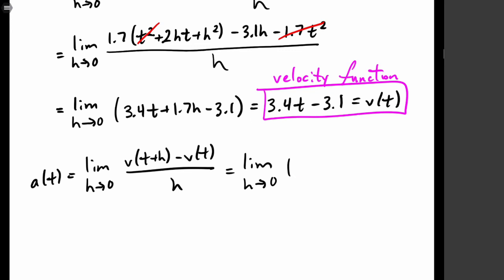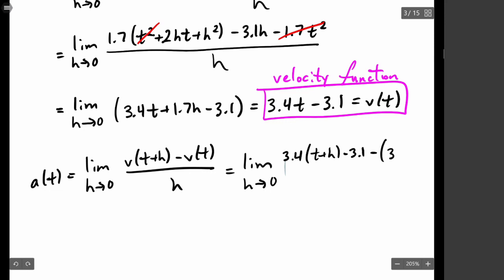Let's see, what are we going to get? Well, okay, let's do it. I can't do it in my head. So this will be 3.4 times t plus h minus 3.1, and then minus 3.4 t minus 3.1, and it's all that over h.